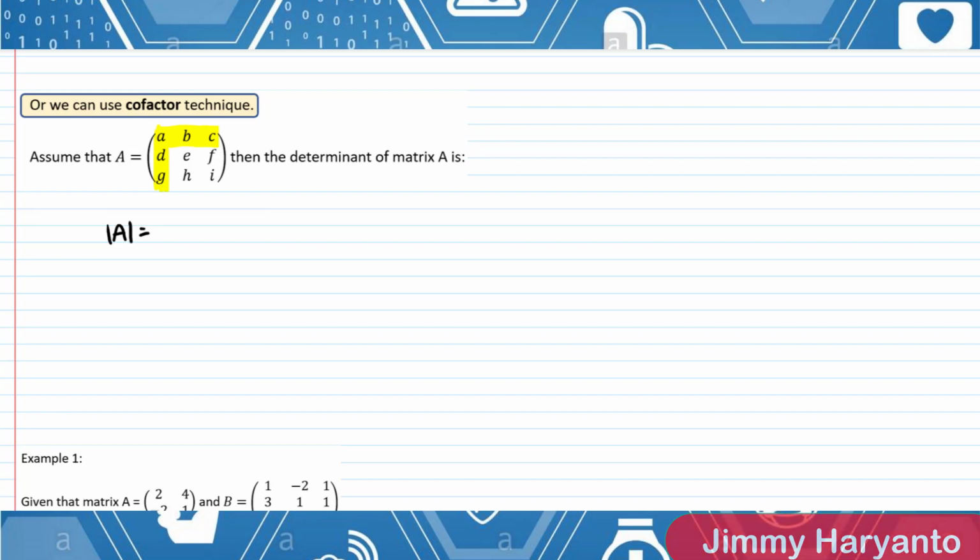To calculate it, you will write the first element that you choose times the determinant of the rest that are not highlighted, which is E, F, H, I. After that you have to subtract from it the second element.